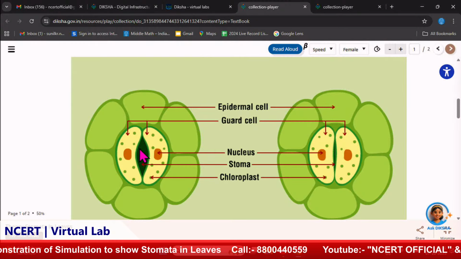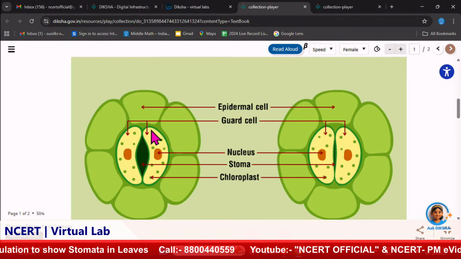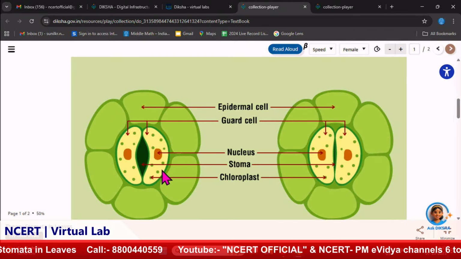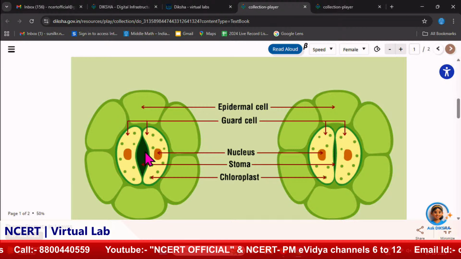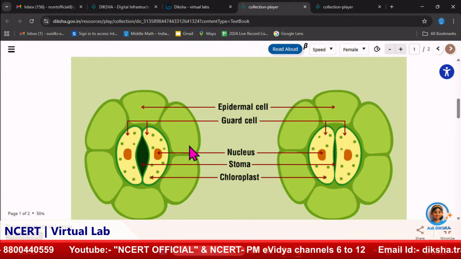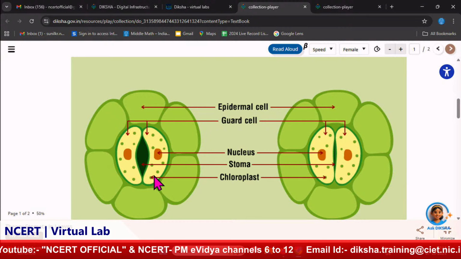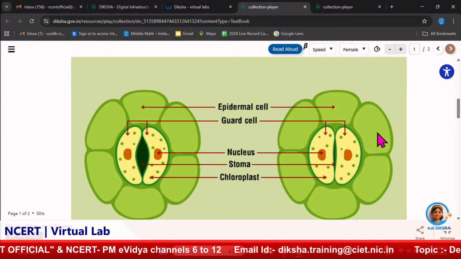This opening is basically the stomatal pore, and it is surrounded by this bean-shaped structure, which is the guard cell. The opening and closing of stomata depend upon the turgidity of this guard cell, and in the guard cell you can see green dotted structures. They are basically the chloroplasts.